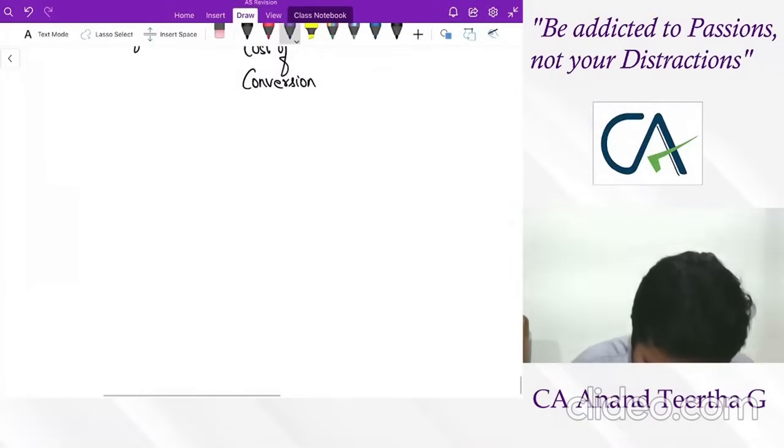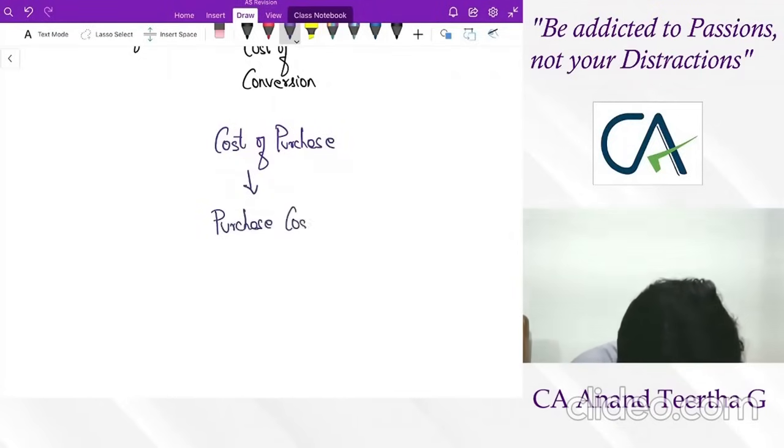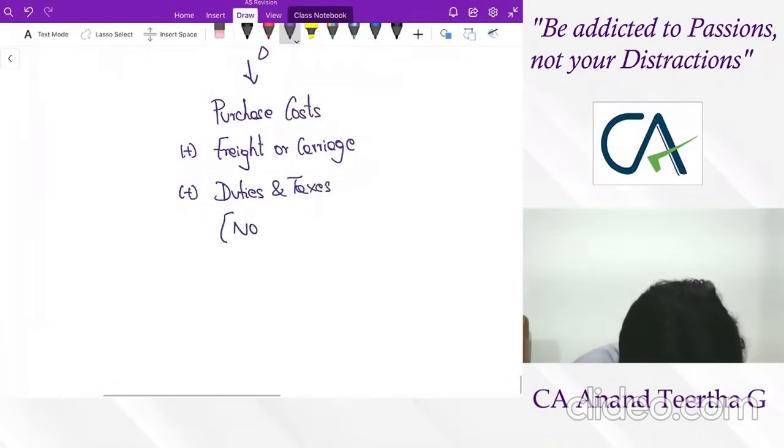Now, what do we mean by cost of purchase? What mainly is involved in cost of purchase? First, all your purchase costs. For this, you will add any freight or carriage, obviously inwards, not outwards. Then add duties and taxes, very important, provided there is no refund or there is no credit.